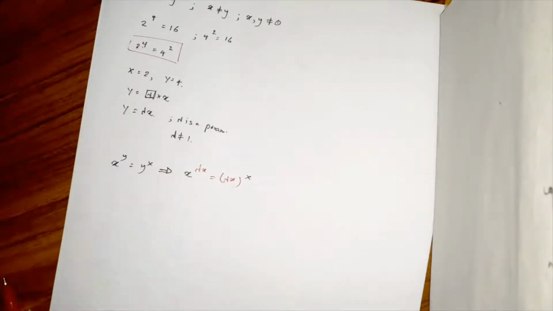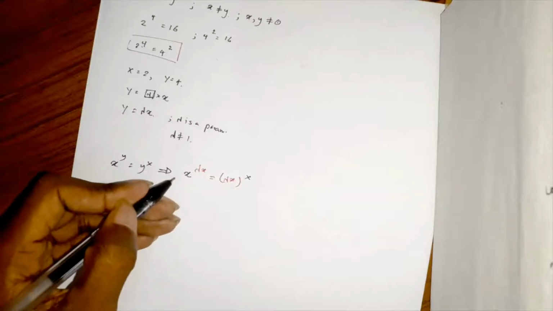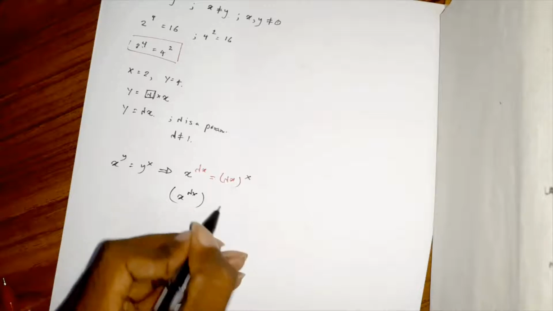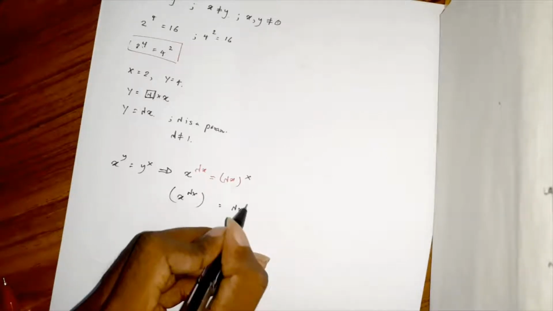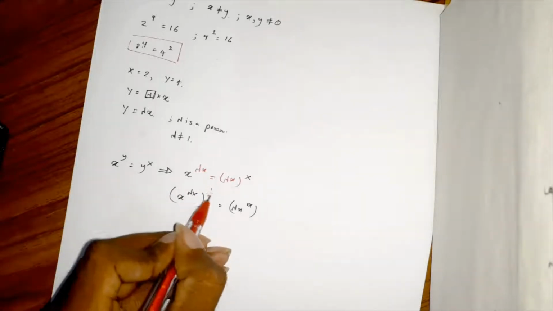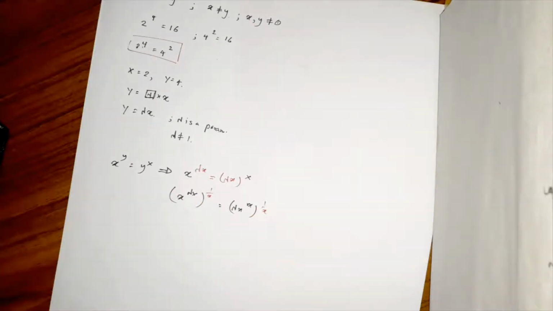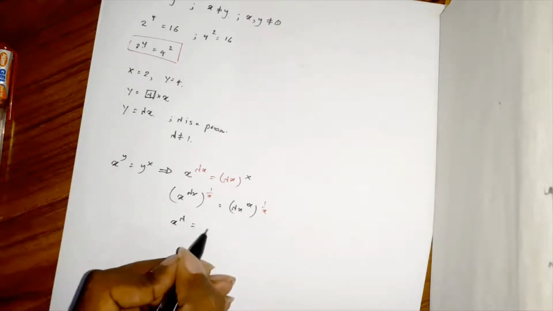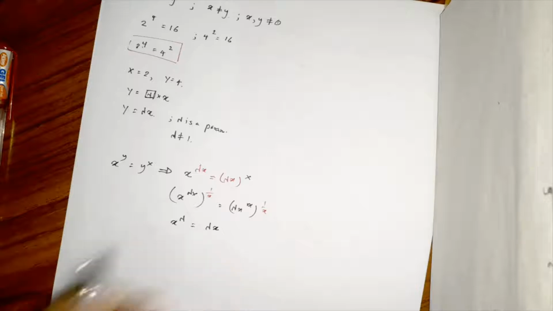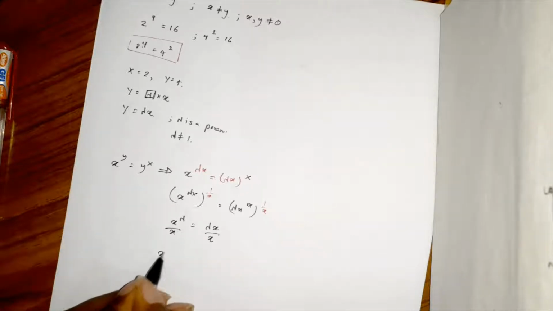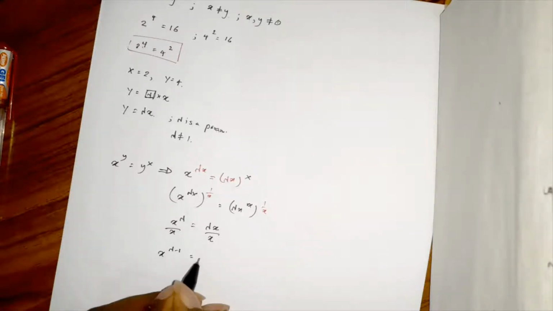Let's continue. If I take the x-th root on both sides, then this x cancels out: x to the power lambda equals lambda x. We can divide both sides by x, and finally we end up with x to the power lambda minus 1 equals lambda.